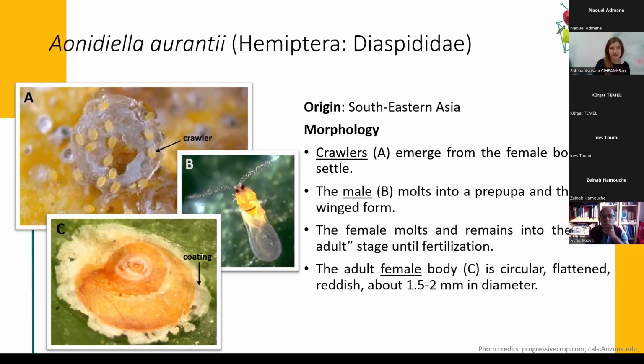Once fertilized, the female changes, so she becomes reddish, more convex and takes this shape that you can see in the picture, with the distinctive central disc and the coating around.